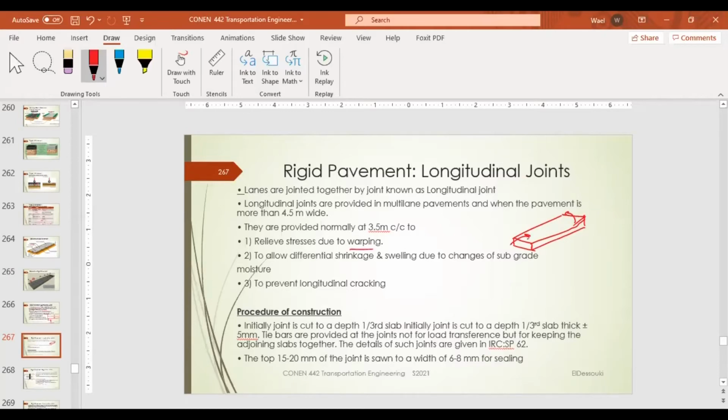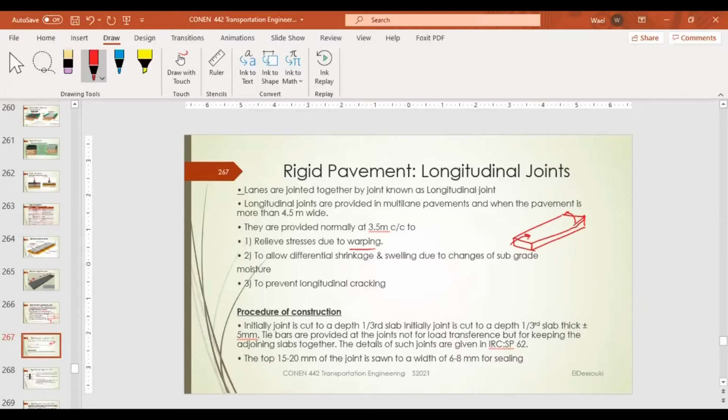This is what we mean by warping. The joints allow differential shrinkage and swelling due to changes in subgrade moisture, to prevent longitudinal cracks. That's similar to the contraction joints, but we make it longitudinal.